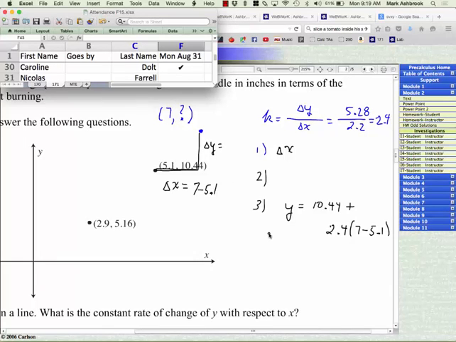Times it by the rate of change, right? So you're going to take that 1.9, that equals 1.9, and you're going to multiply it by the rate of change, which is then this. That's our change in y. K delta x. 2.4 times 1.9.